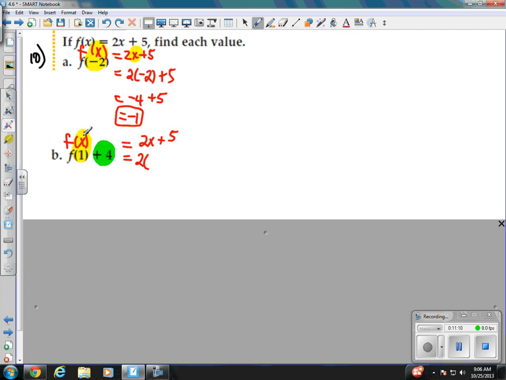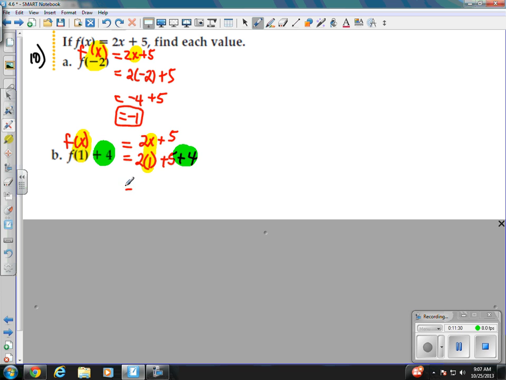So 2 times, we now replace x with 1. Drop down our plus 5, and then at the end we're going to tack on our plus 4. So let's go back through and make sure we did this right. We replace x with 1, we did that, and then we tack our plus 4 on the end. We did that, we're good.